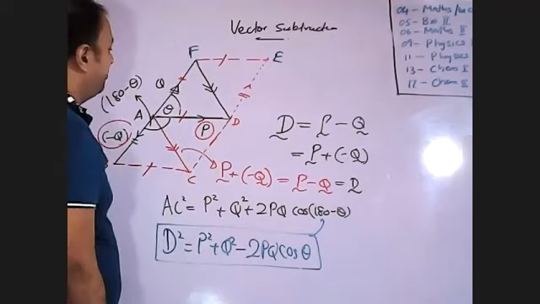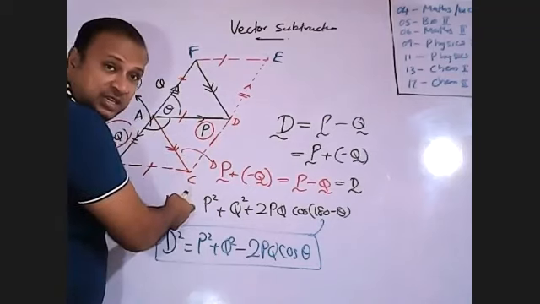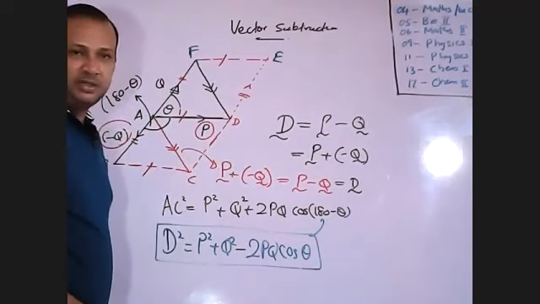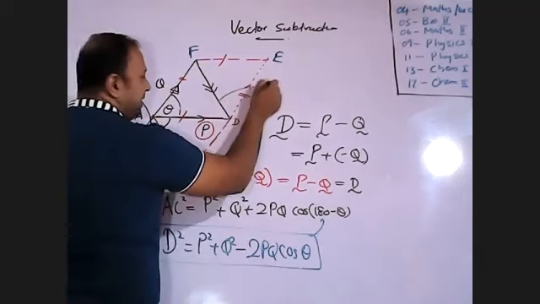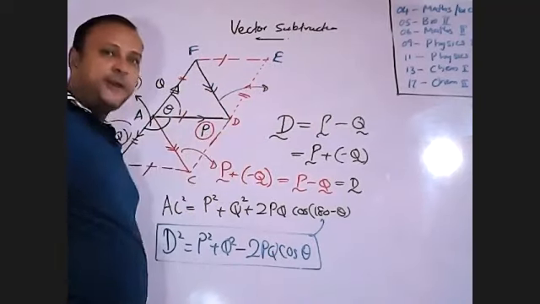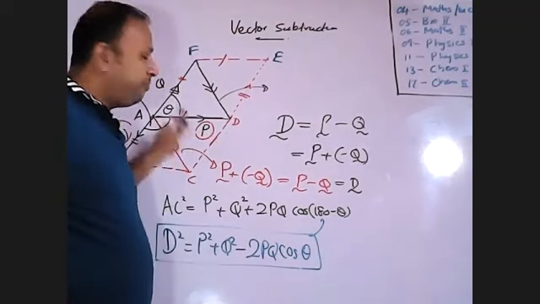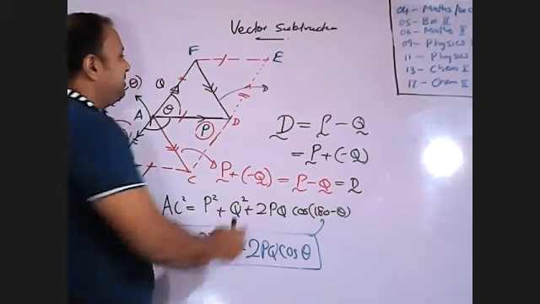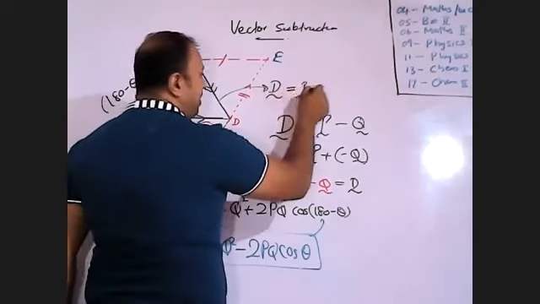If so, the AC vector is equal to the FD vector. Therefore, we can say the FD vector is the difference vector of P and Q. That means the subtraction of P and Q, so this is equal to P minus Q.